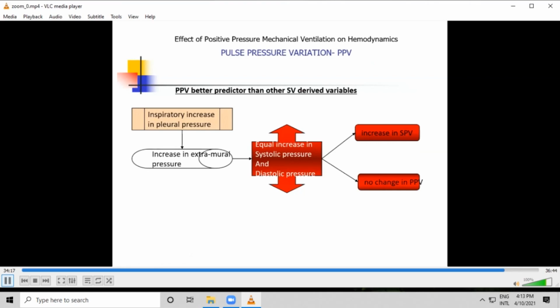Inspiratory increase in pleural pressure leads to increase in extramural pressure, right? So this leads to equal increase in systolic pressure and diastolic pressure, right?